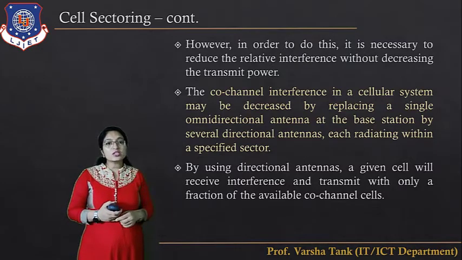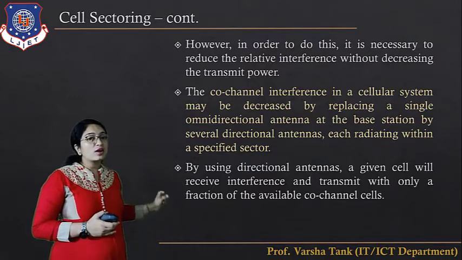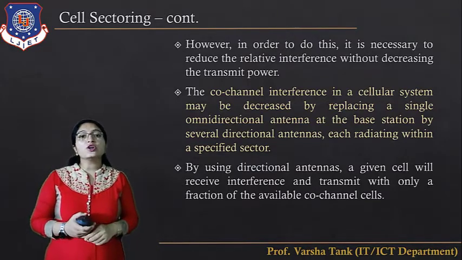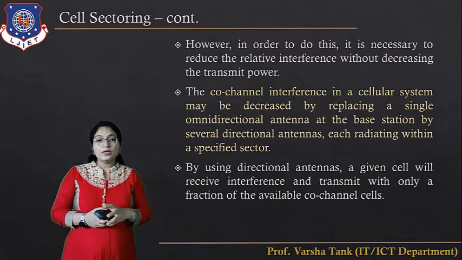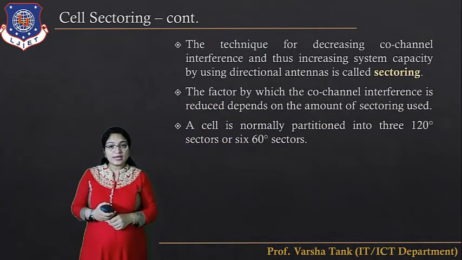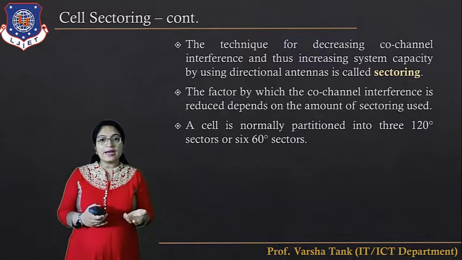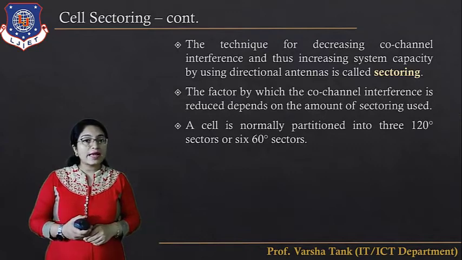By using the directional antennas, a given cell will receive the interference and transmit with only a fraction of the available co-channel. So the technique for decreasing the co-channel interference and increasing the capacity by using directional antennas is known as cell sectoring.